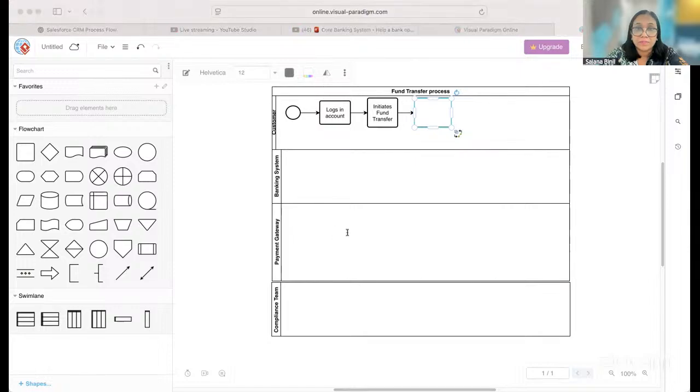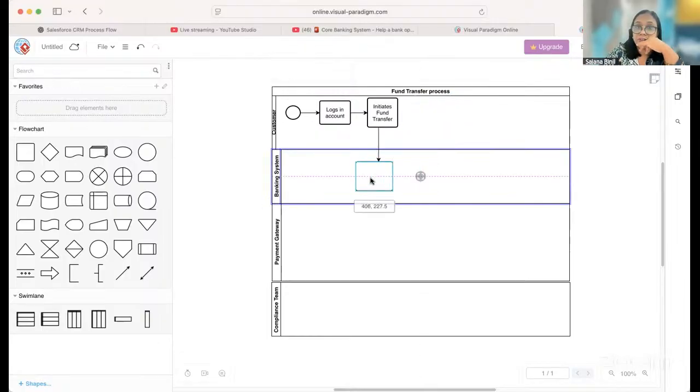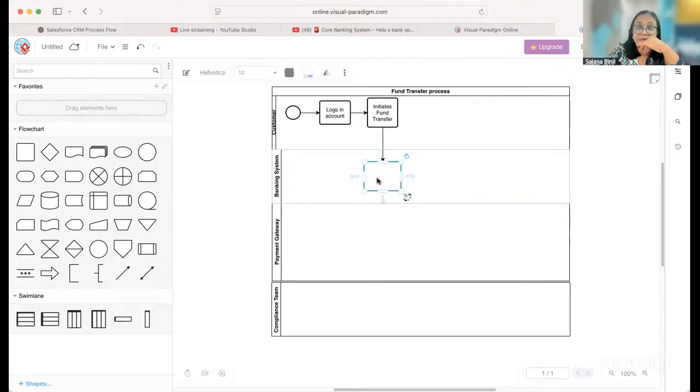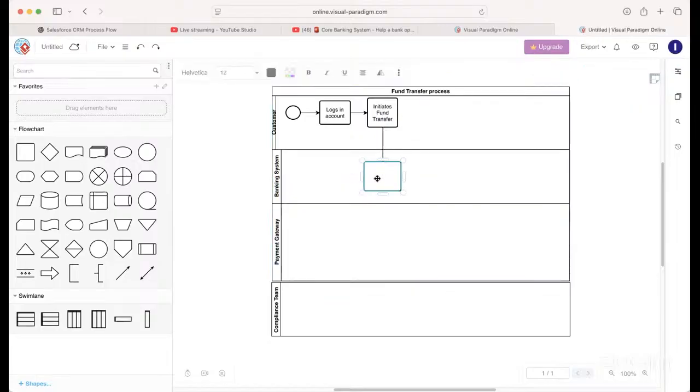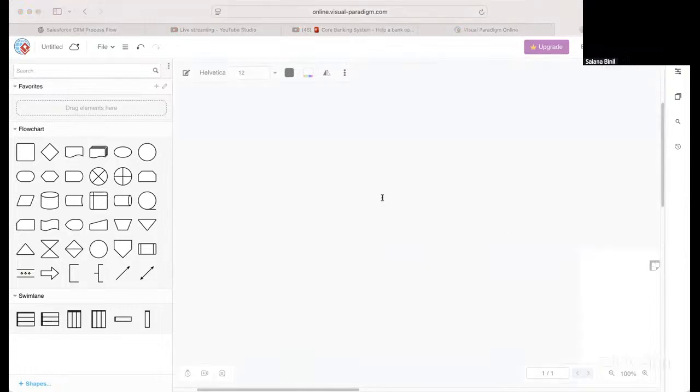What does the document say? Bank validates. Core banking system validates the account. So which means this should actually come here, isn't it? Yes. What's the next step?